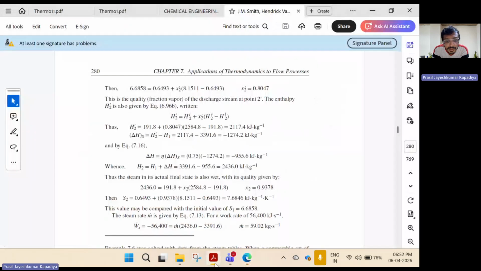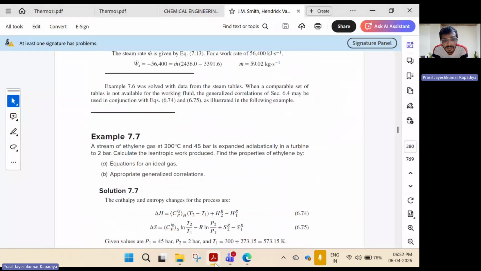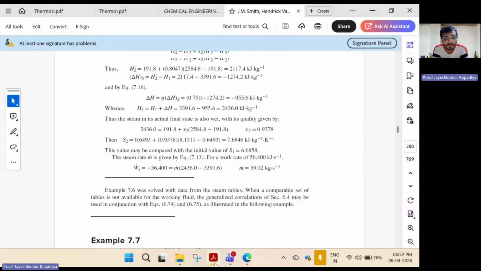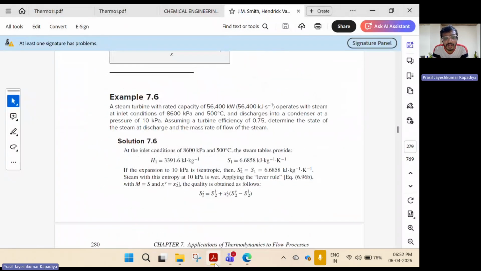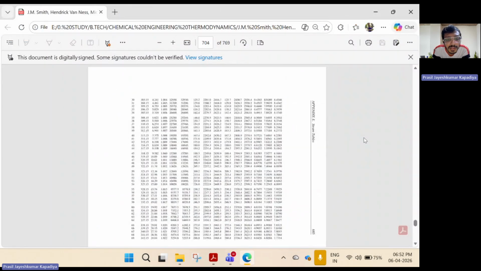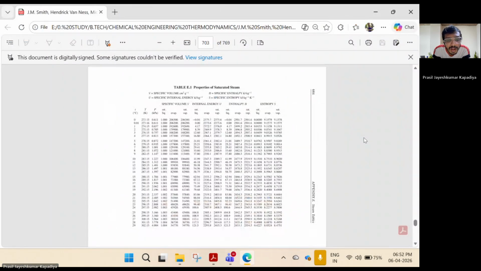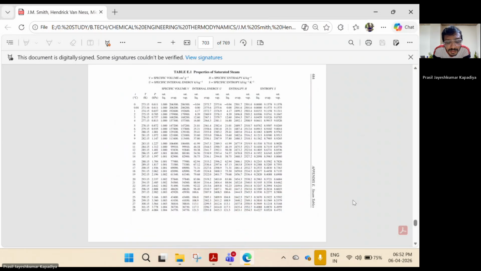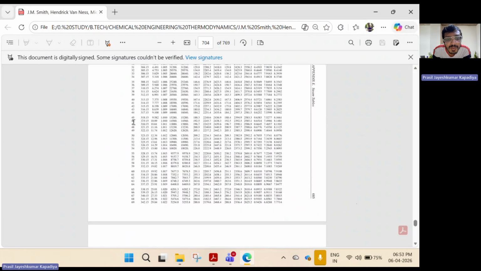So we need to find 10 kilopascal, somewhere approximately here.